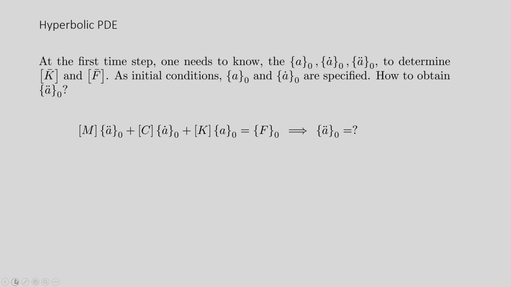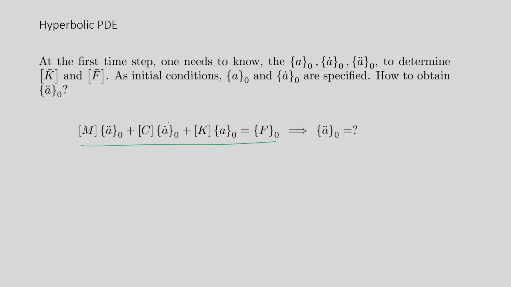For that, we will write the equilibrium equation at time instant t naught, because as I said, this semi discrete form is valid at all time instant t. So, I can write at any time instant t; here I have written at t equal to t naught.